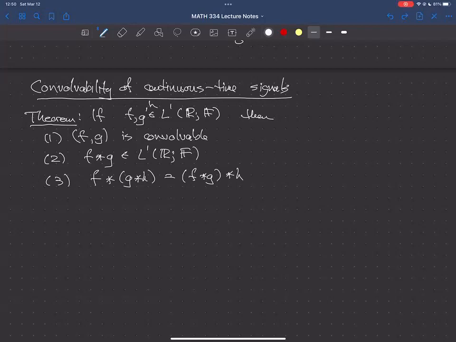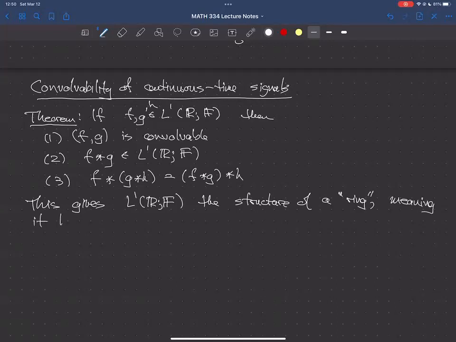This gives L1 of R the structure of a ring, meaning it has addition, which is normal addition, and multiplication, which is convolution.